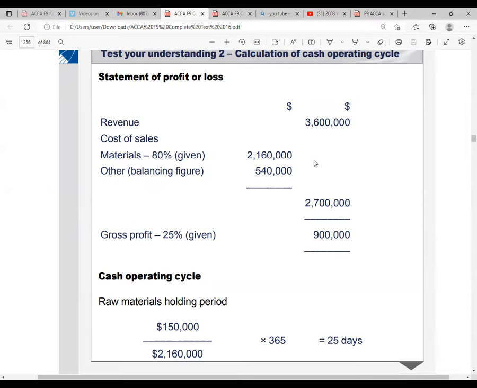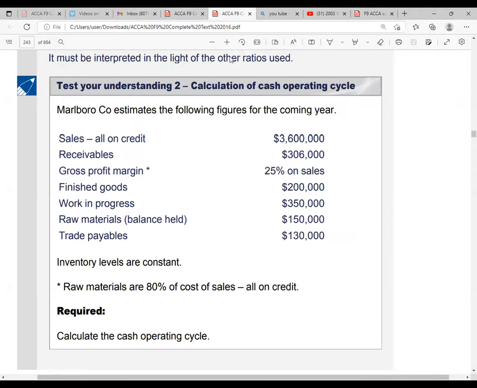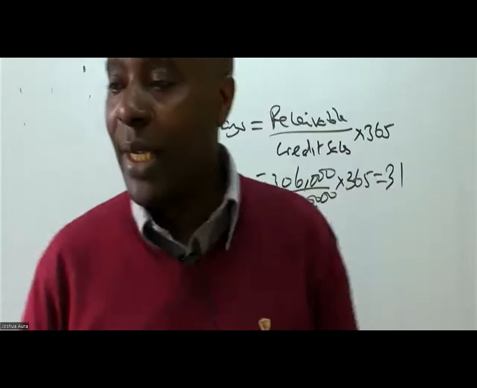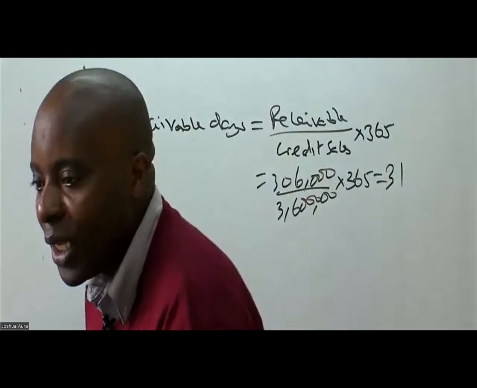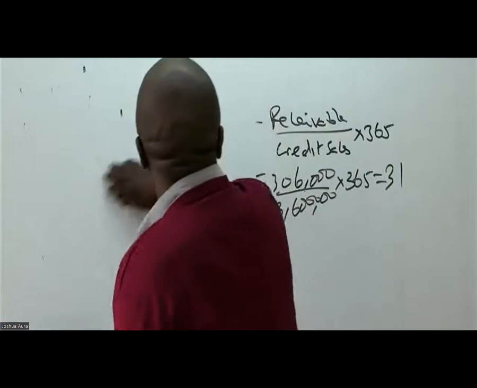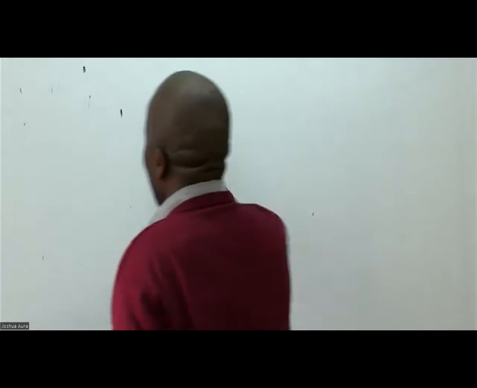So in this case for purchases, I will work with this 21.6, not the entire cost of sales, because, ladies and gentlemen, remember what we have said here severally: whenever they want us to give them the payable days, this is what we shall do.